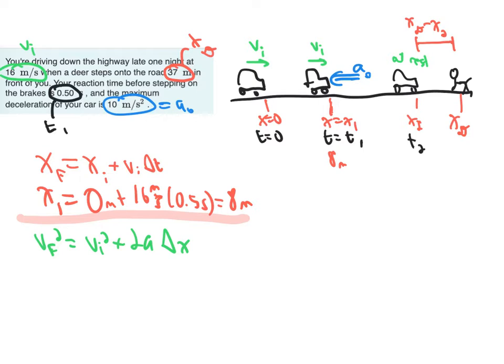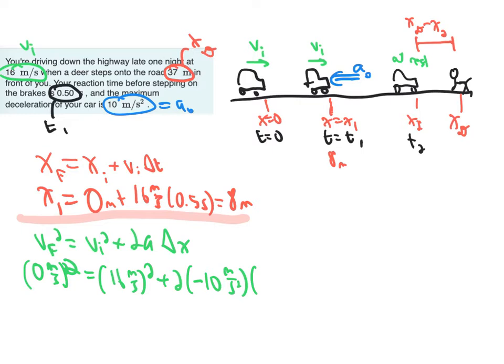In this particular problem, we end at 0 meters per second, which we then square. We start at the same 16 meters per second, quantity squared. Our acceleration is given as minus 10 meters per second squared. And we want x2 minus x1, and we know x1 is 8.